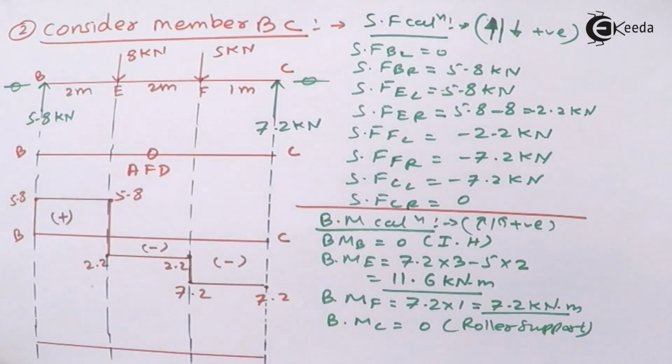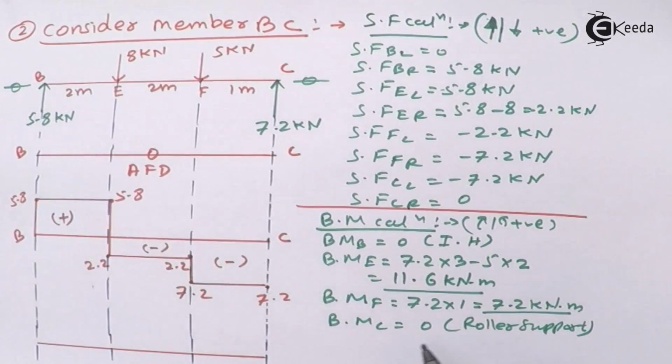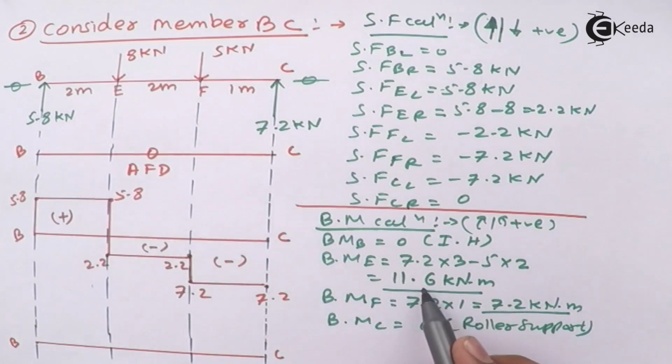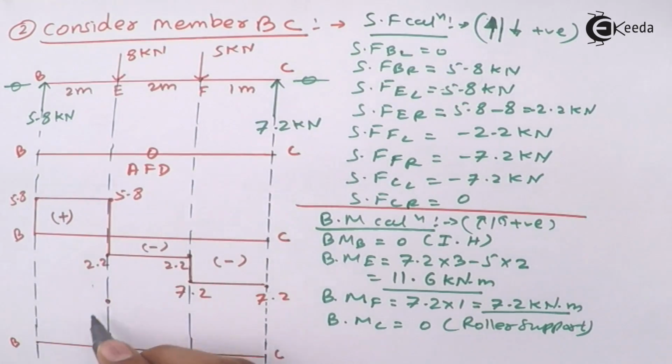See, now we have done all the calculations. In the exam, if you have time, you can calculate, or you can directly draw the diagram. Now how will you draw the diagram? First A will be 0, B and C will also be 0. Now E will be 11.6, and come over here, this will be 7.2, come over here.